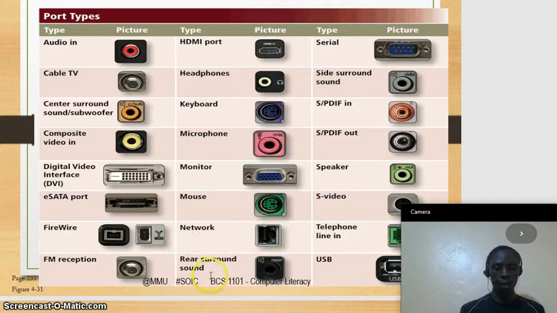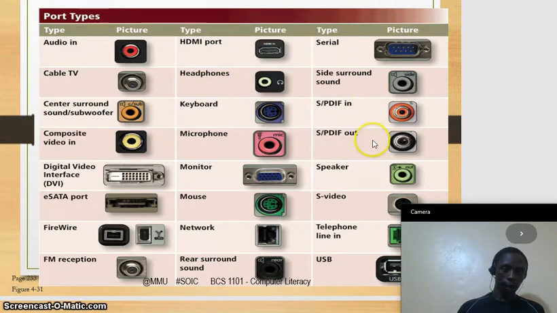We have what we are calling the rear surround sound. We have also what we're calling the serial port. We have side surround sound. These ones are on different computers. They may not appear on each and every computer.